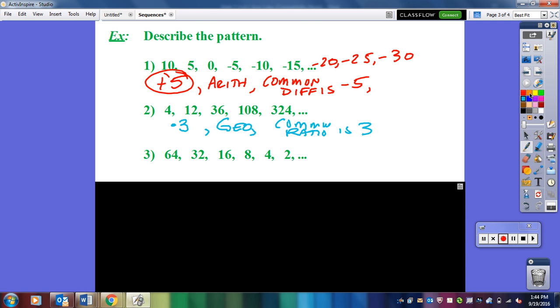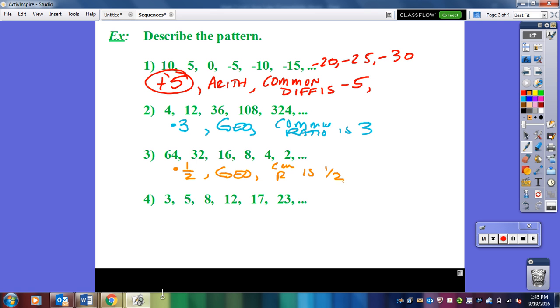This one's getting smaller. Definitely not subtracting, because this would be subtract 32 and this would be subtract 16. Definitely not subtracting. Multiply by 1/2 is essentially dividing by 2. So you multiply by 1/2, it is geometric, and the common ratio is 1/2.